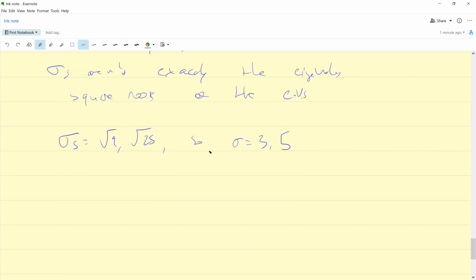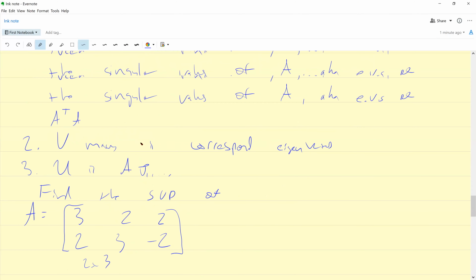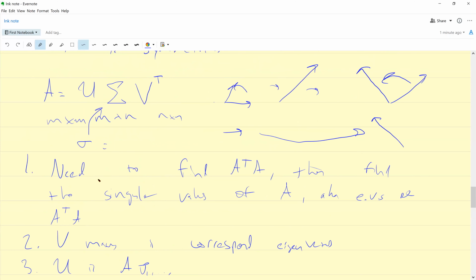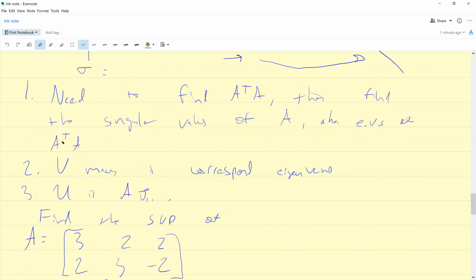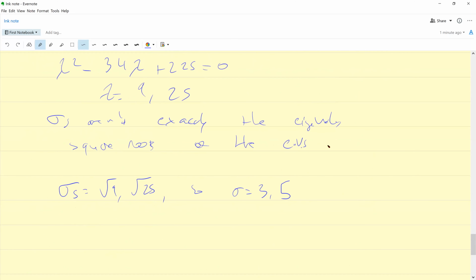So what we're going to get is, I think how it works out is that if you use A transpose A, then the corresponding vectors will be in V, because if we did the 3x3 one, then we'll put the corresponding vectors in the 3x3 matrix, right?